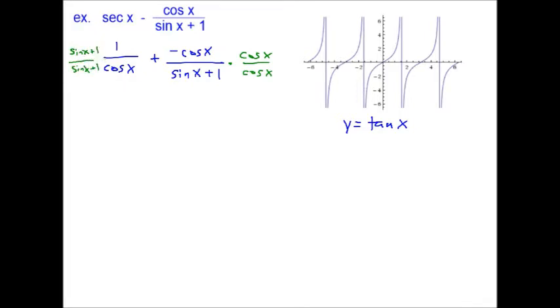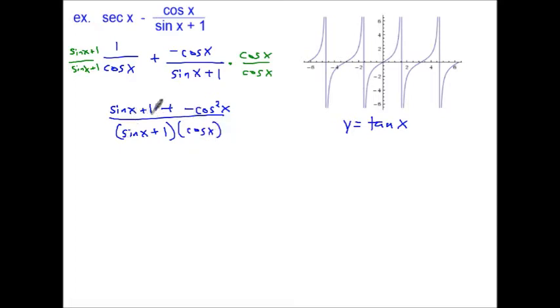Upon doing that, my numerator becomes a sine of x plus 1, and then again plus a negative cosine squared. That may or may not have been helpful in this case, but there it is anyway. And in the bottom I have a fairly messy sort of thing. I've got a sine x plus 1 times cosine. I don't really need that in parentheses, but I think it just helps in this case.